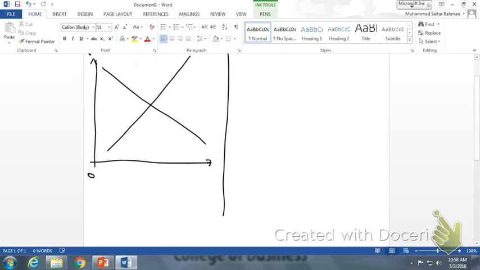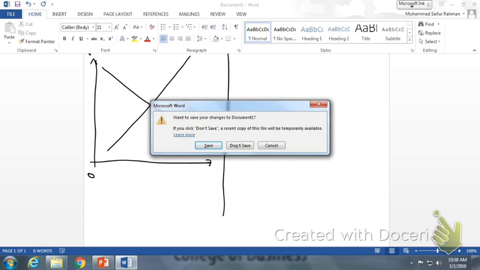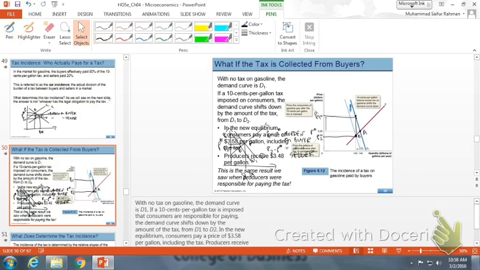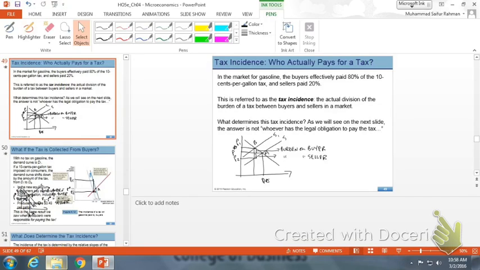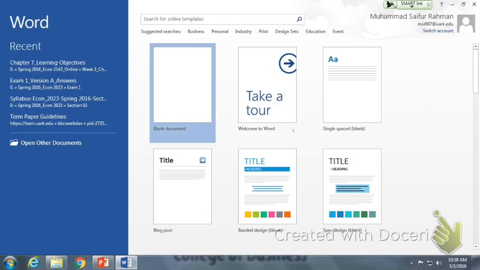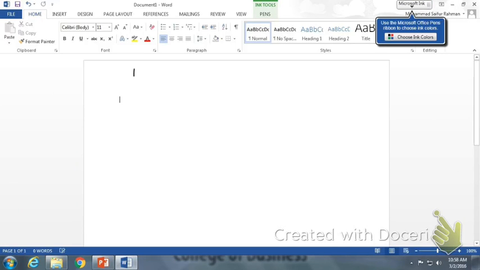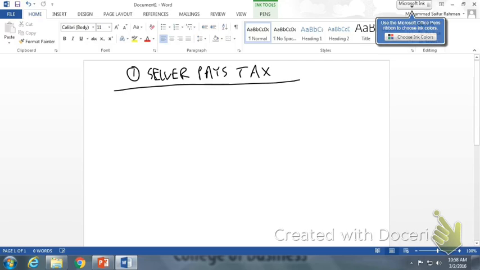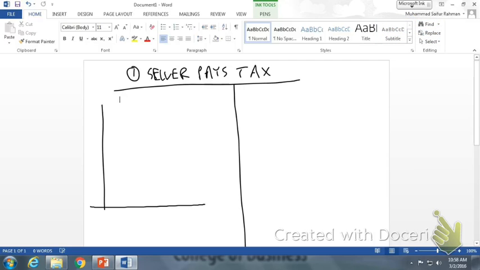Okay. So one, the seller pays tax. Two cases.